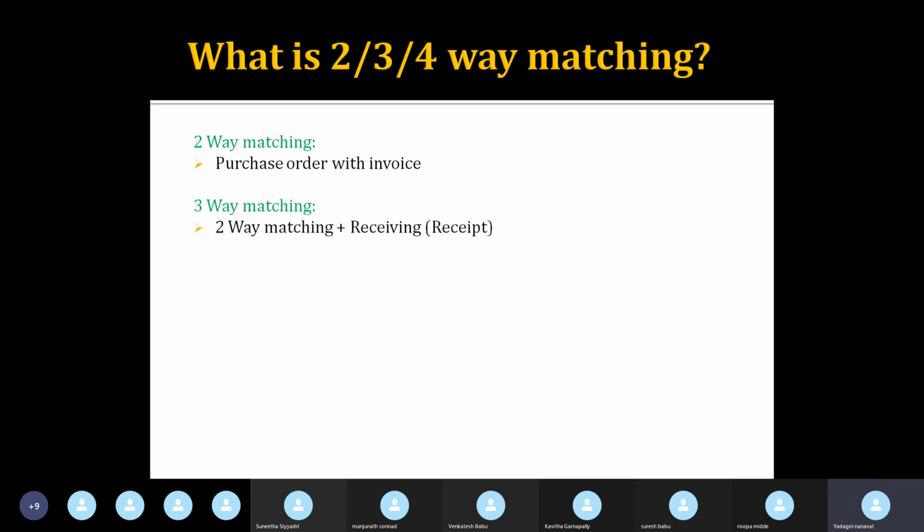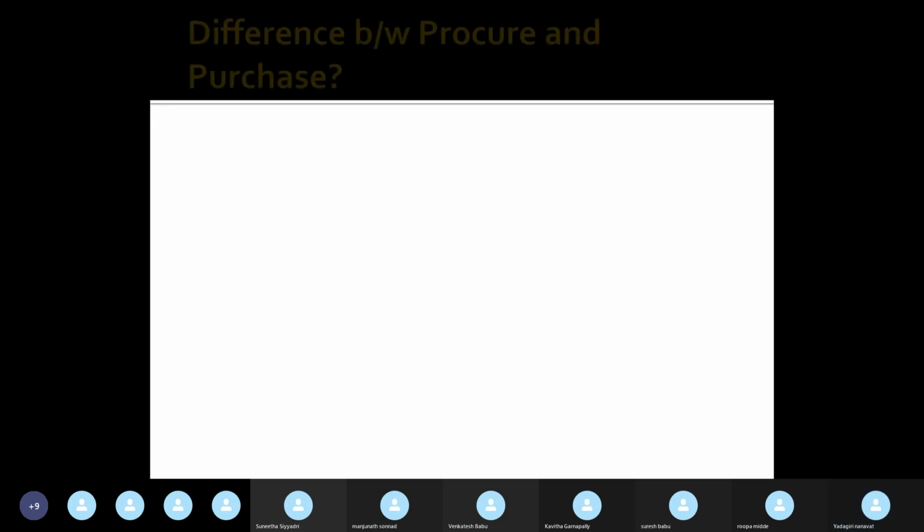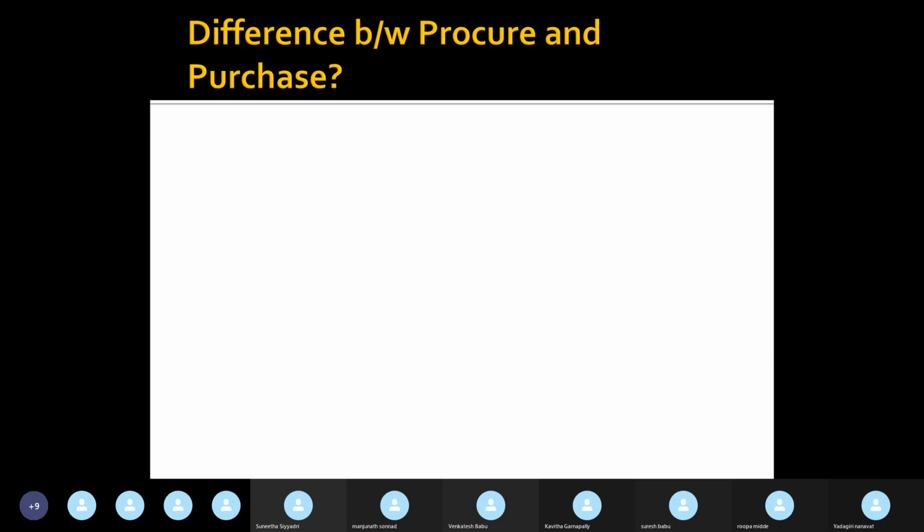Three-way means plus the receiving receipt also. Four-way matching is three-way matching plus acceptance by HOD or anyone. The difference is physical verification. Goods and service selection, then quotation, then negotiation, then purchase.